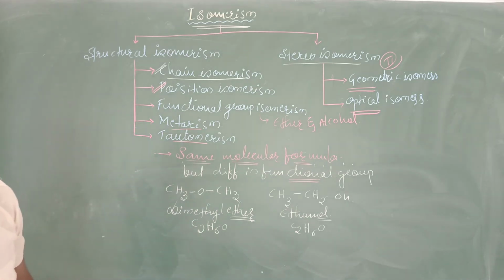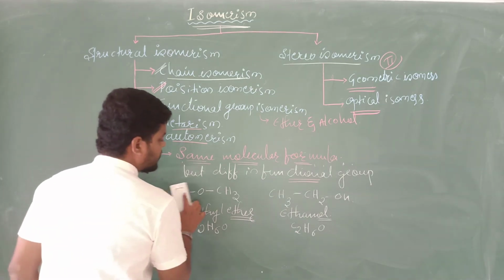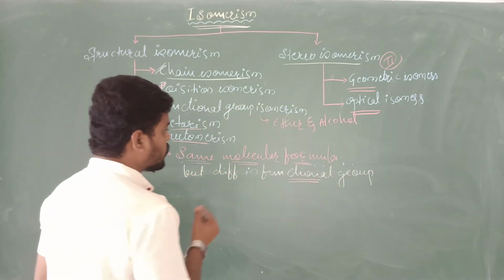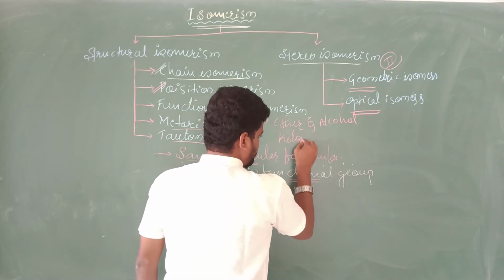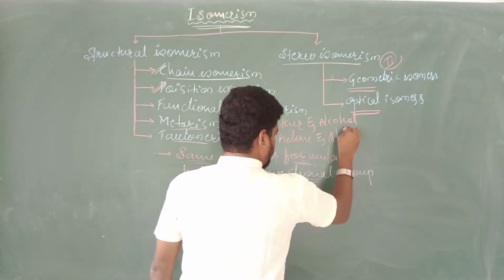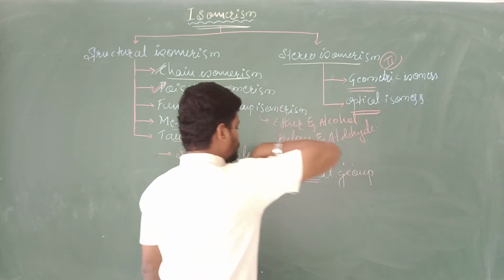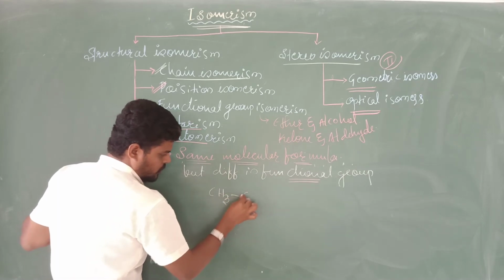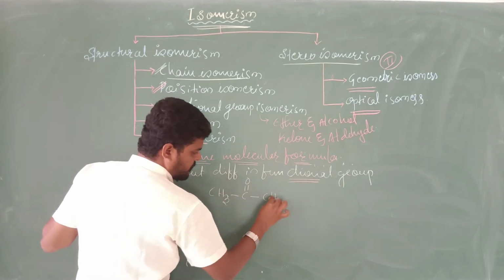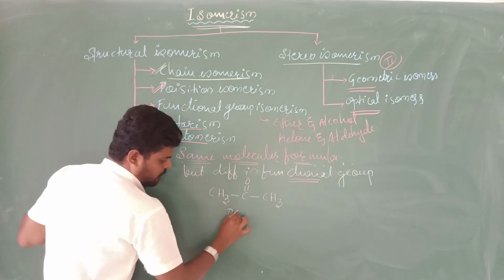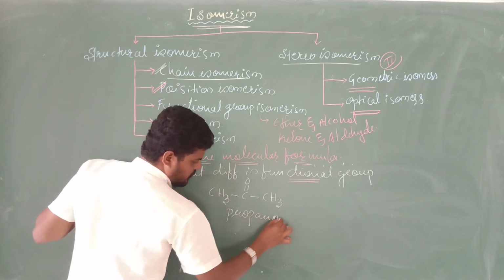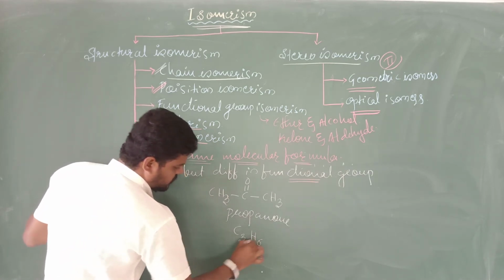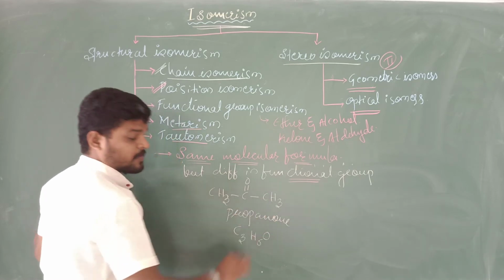Similarly, another pair is ketone and aldehyde. Ketone and aldehyde are also called functional isomers. So the ketone CH3 C=O CH3, the name of the compound is propanone, with 3 carbon atoms, 6 hydrogen atoms, and 1 oxygen.